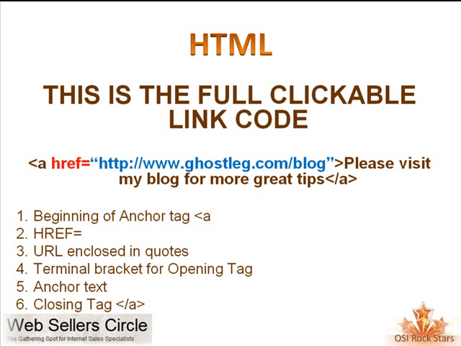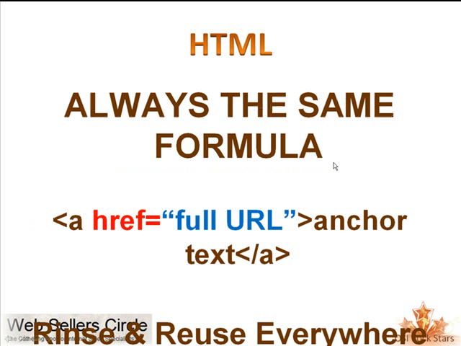Right. And sometimes you'll see on somebody's web page that there'll just be one of these greater than symbols showing up. You'll see just the greater than symbol, and it'll say anchor text, or whatever, and it won't be clickable.